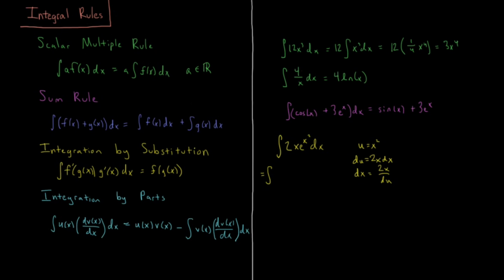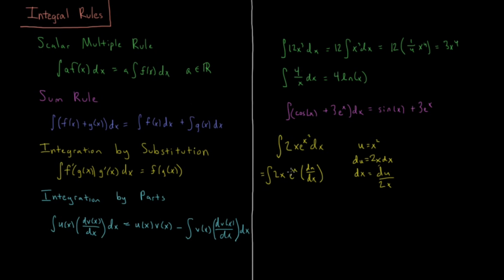Let me try this again. We have dx equals du over 2x. So we have 2x times e to the u times dx, which is now du over 2x.